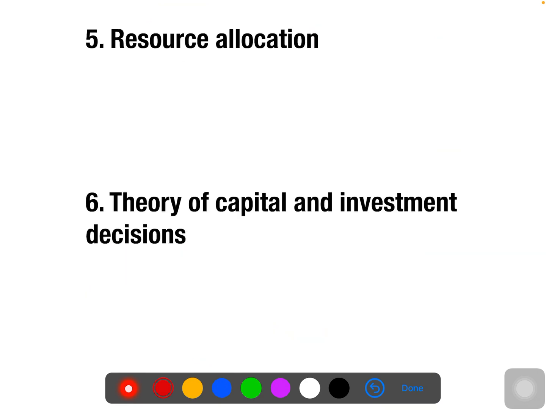And the next one is resource allocation. What is the meaning of resource allocation? The resources we have in the economy, how they will be allocated to the people, can be understood very easily with linear programming.